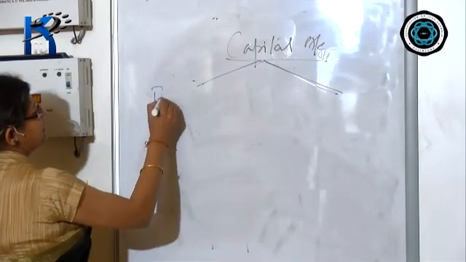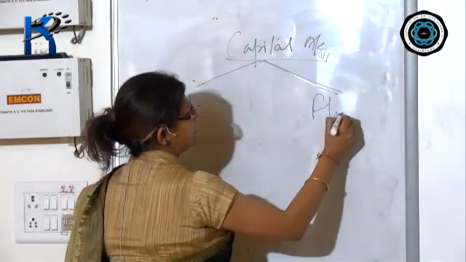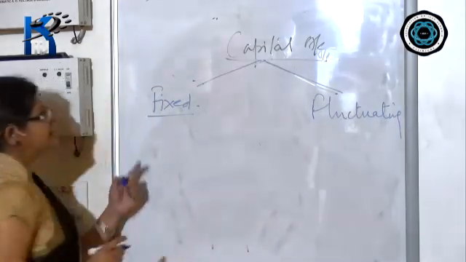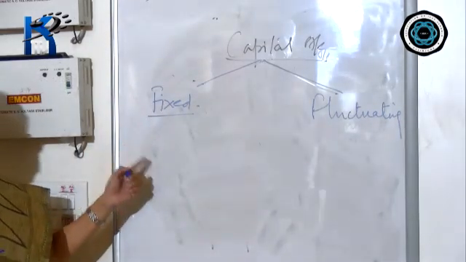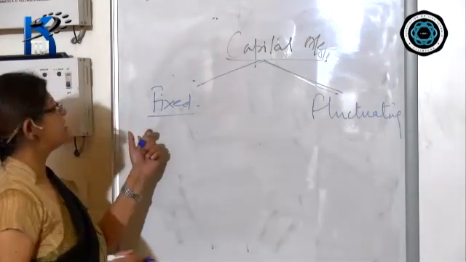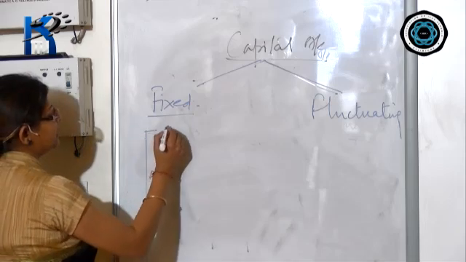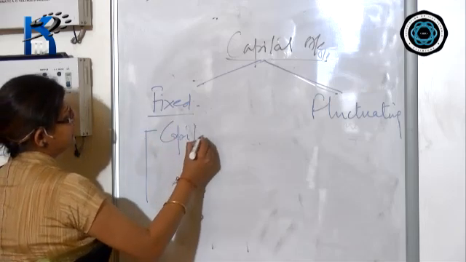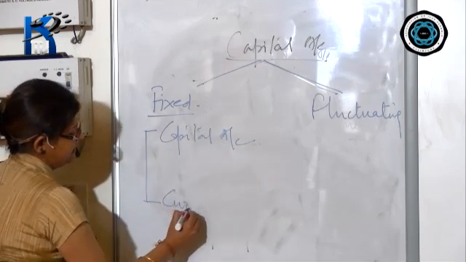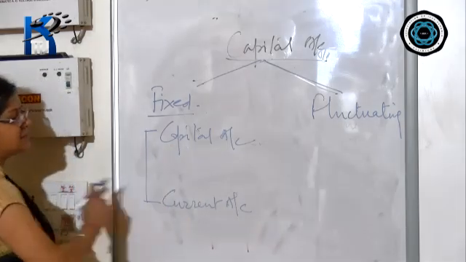One, when the capitals are fixed, and the other, when the capitals are fluctuating. In case the capitals are fixed, fixed means there is no change in the capital, we have to prepare two accounts. One account is a capital account, the other account is a current account. These are partners' capital and partners' current account.